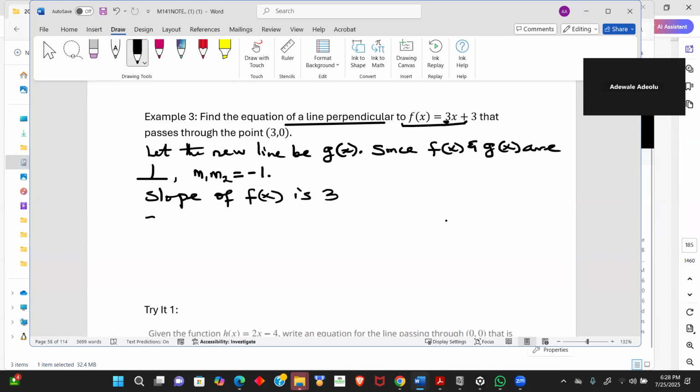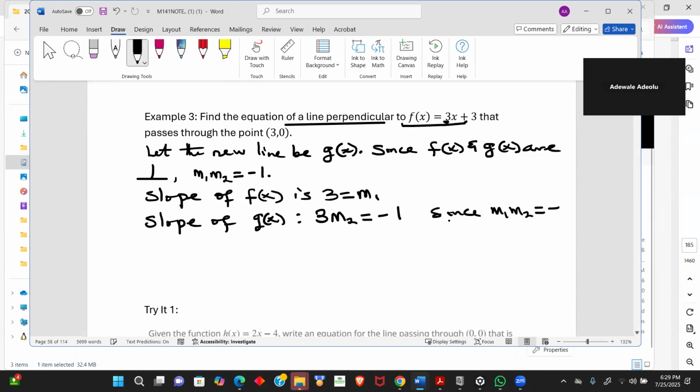Now, it means that the slope of g of x can be computed this way. So we just say 3 times maybe m2. If we call this one m1, then 3 times m2 must be -1. Remember, m1 times m2 must be -1.